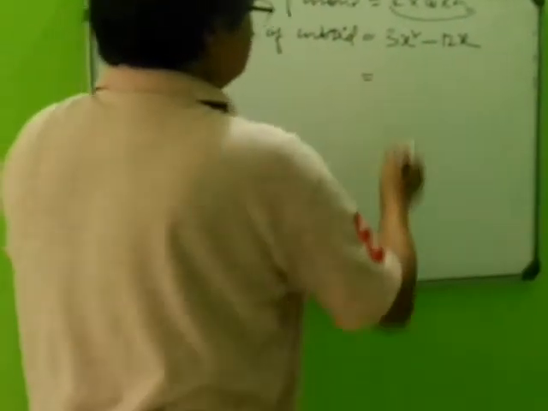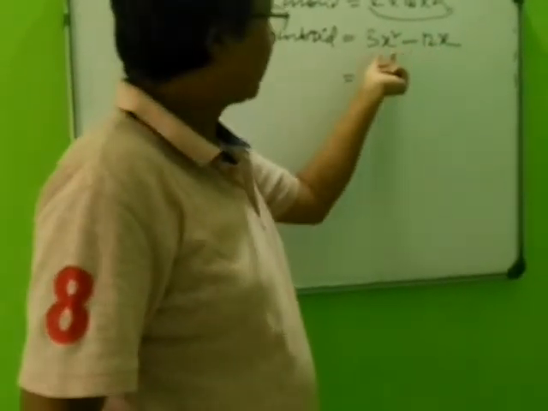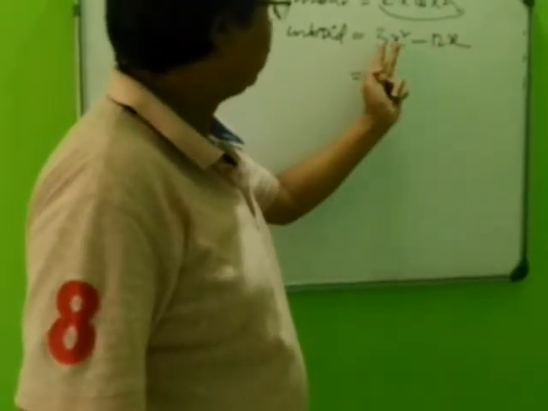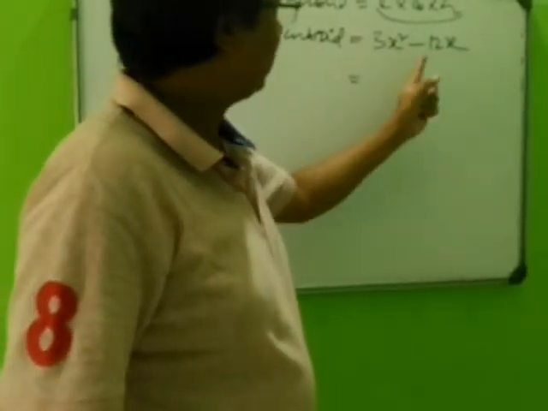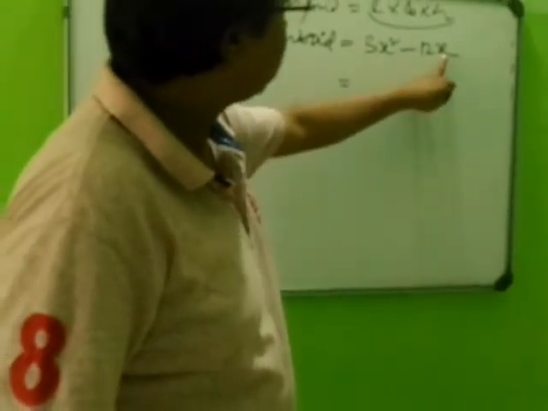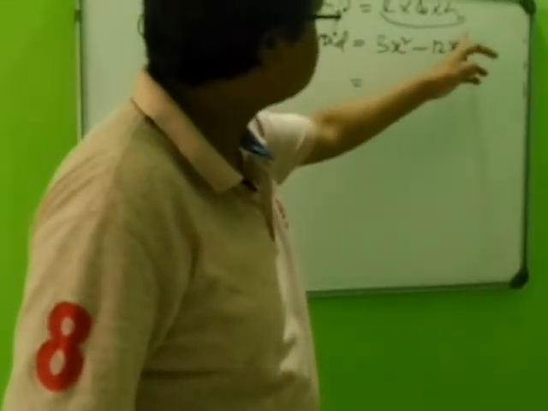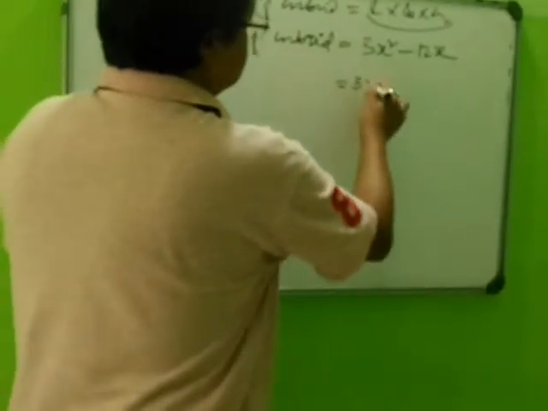So here you see, if you have a common factor, you will take it. Between these two terms the highest common factor is 3x, because 12 and 3 are divisible by 3, and the lowest power of x is 1, so you will take x, so it will be 3x.